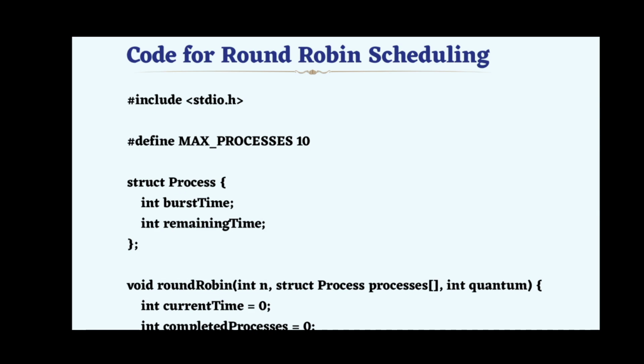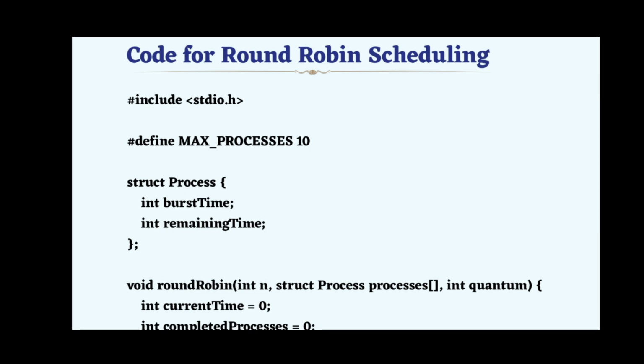Now we are defining the process, that is, we are structuring the process that will look like this: struct process, int burst_time, int remaining_time, close.